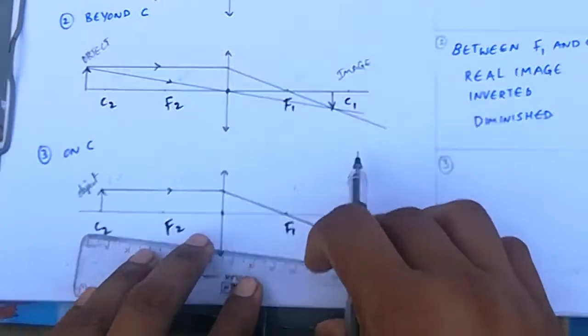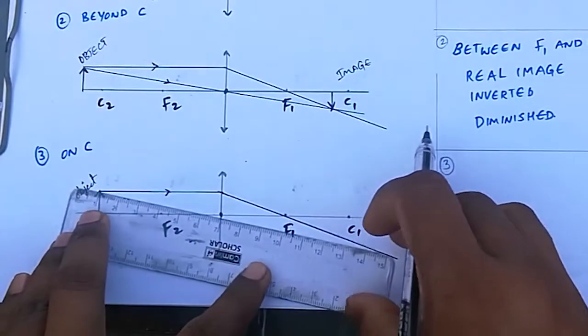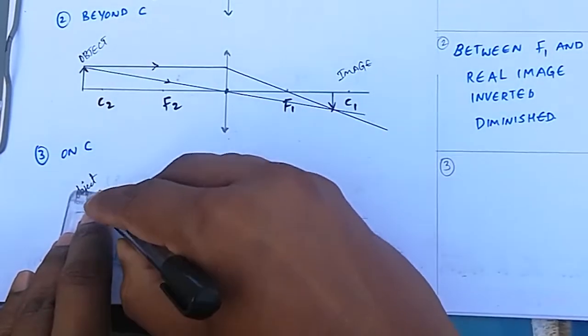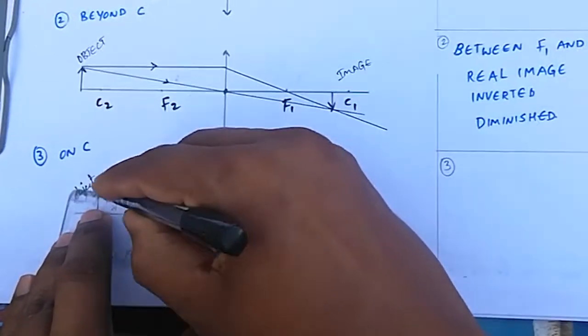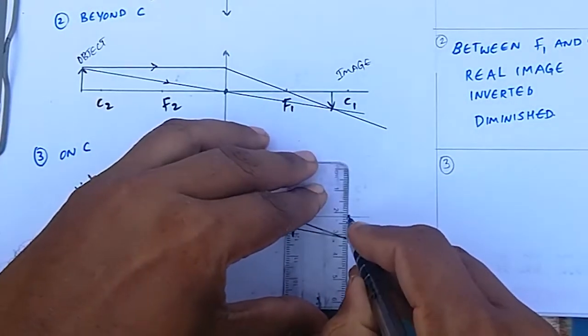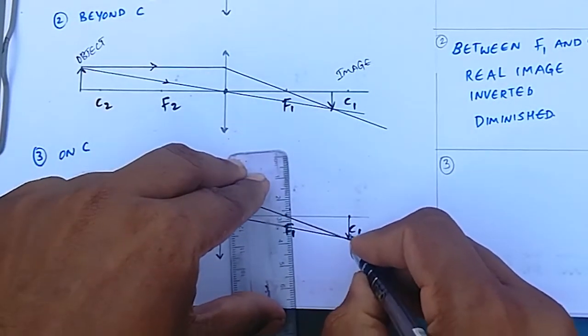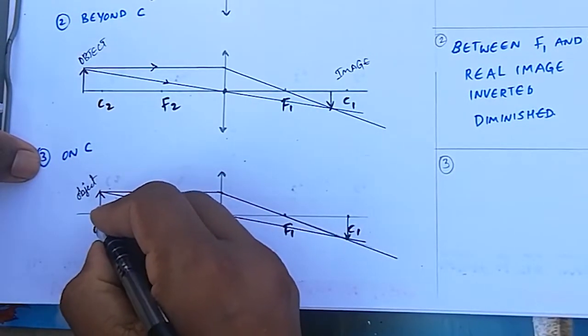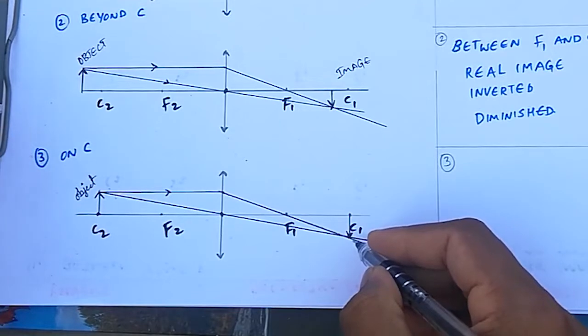Next, the same thing from the optic center, extend this one like this way. Where it meets is at the center of curvature. That means when the object is placed on the center of curvature, the image will be formed at the center of curvature.